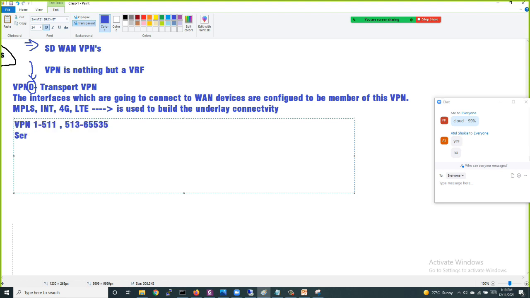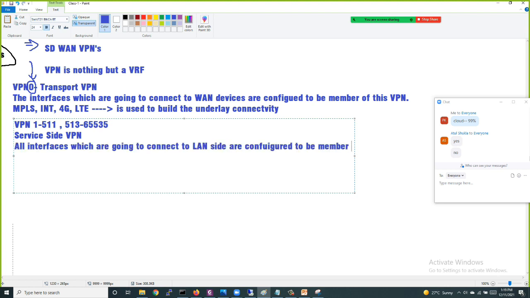We call them service side VPNs. All interfaces which are going to connect to the LAN side are configured to be members of these VPNs, right?